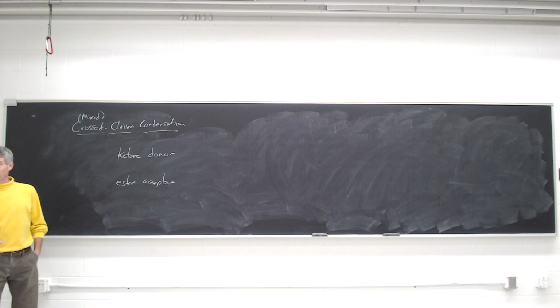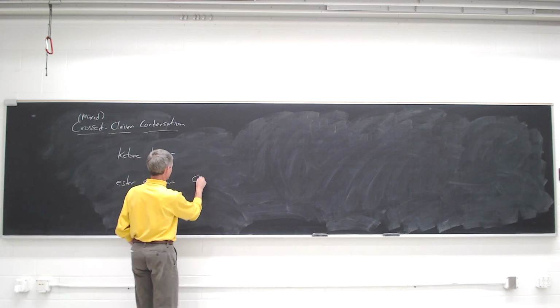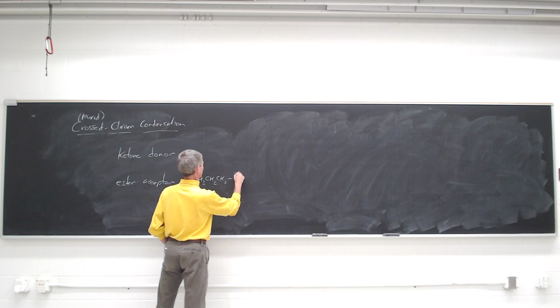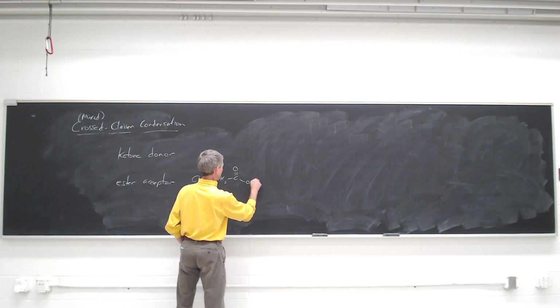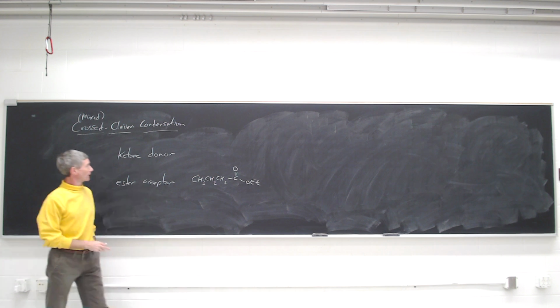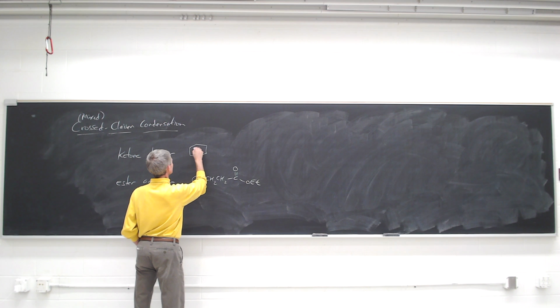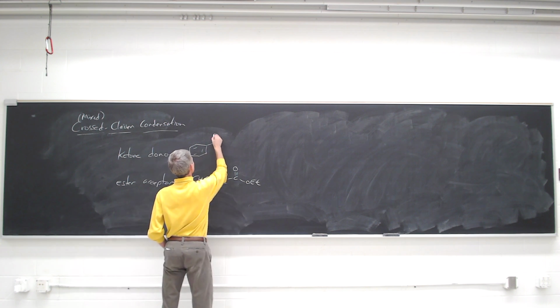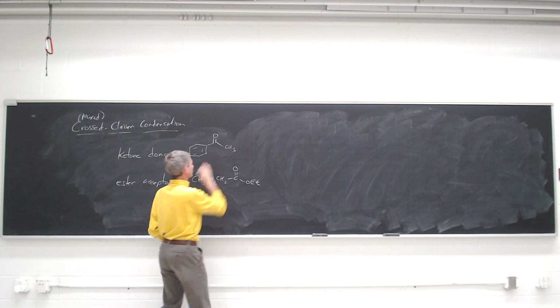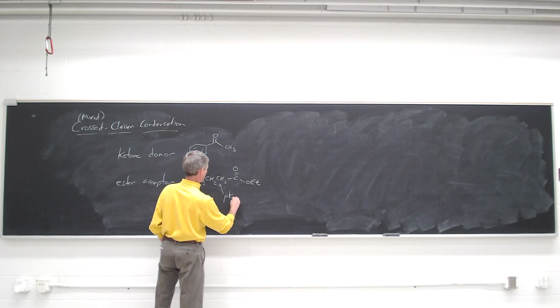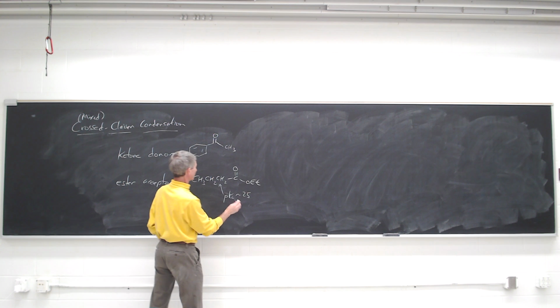Even if the ester in this case actually has alpha hydrogens, the alpha hydrogen of the ketone has a significantly lower pKa, about 25 here.